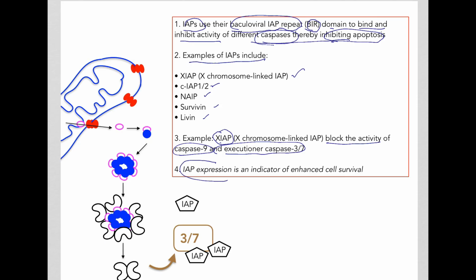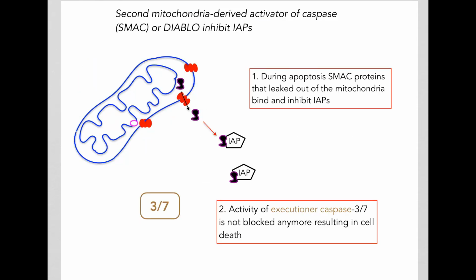IAP expression in research is actually used as an indicator of enhanced cell survival. So if you see a lot of IAPs in the cell, that means the cell is in survival mode. As we mentioned earlier, besides cytochrome C, another protein that leaks out of the mitochondria is SMAC, or DIABLO.